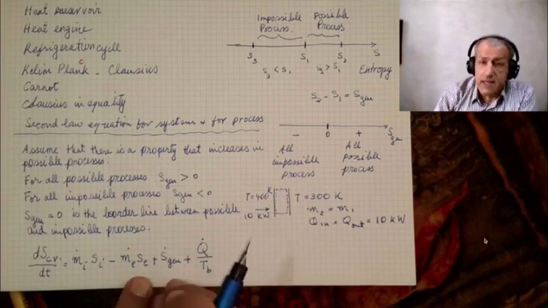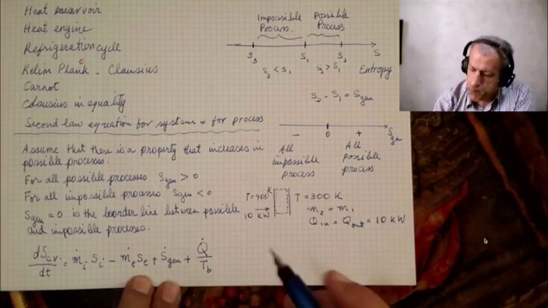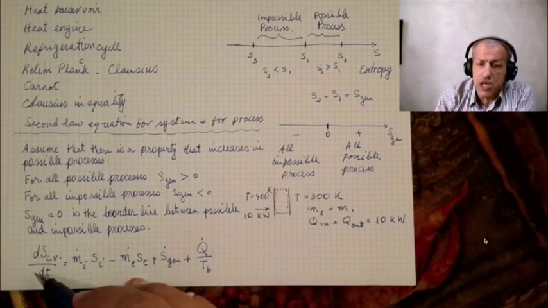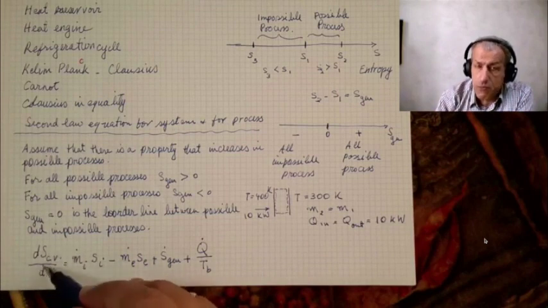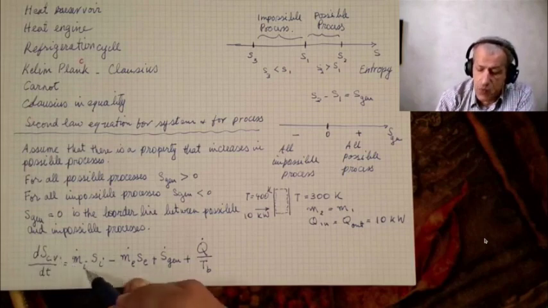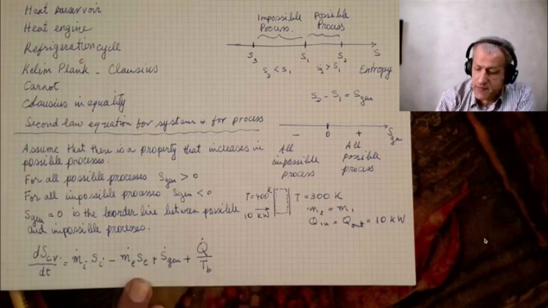Now, let's write the second law for this wall, how it would look. There is no change in any property, including entropy, because it is steady state, with no mass entering or leaving.